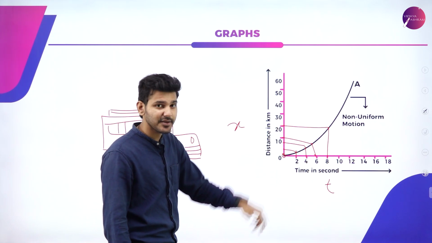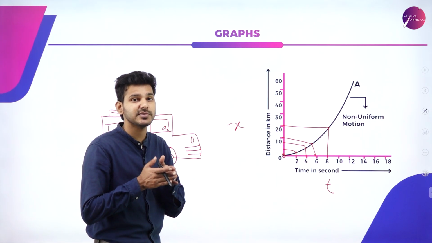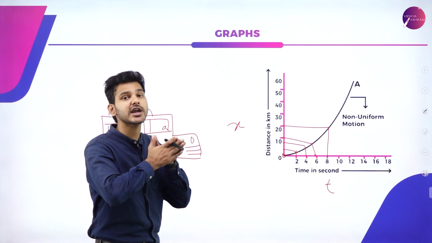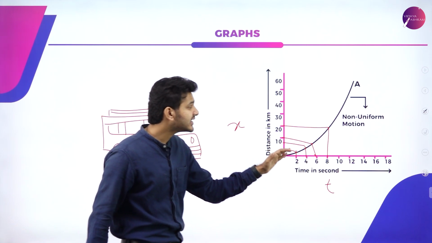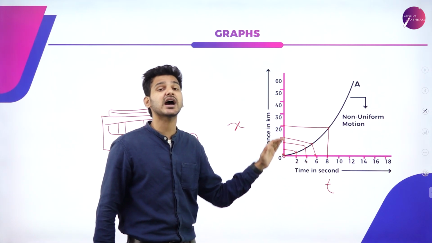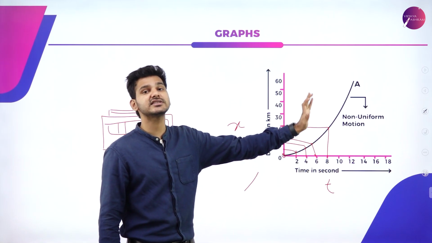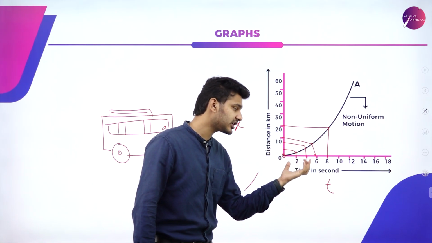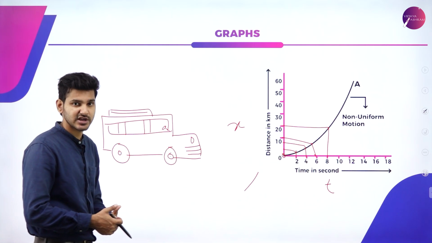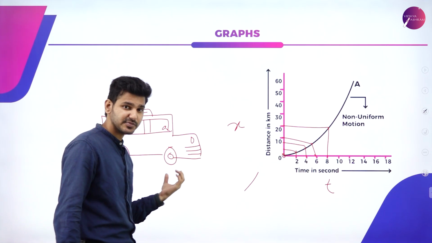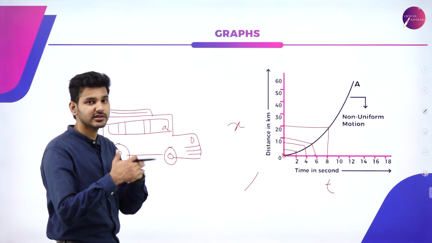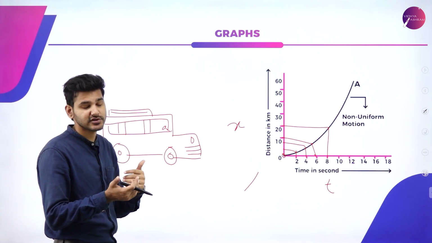After some time the bus is entering the highway, which means it is gaining speed. It is trying to go even faster, which means the distance now is changing at a higher pace. So with less time, more distance is covered. So that is what this particular graph is indicating to us. When the bus was in the bus stand, the position was 0 and the time was also 0.